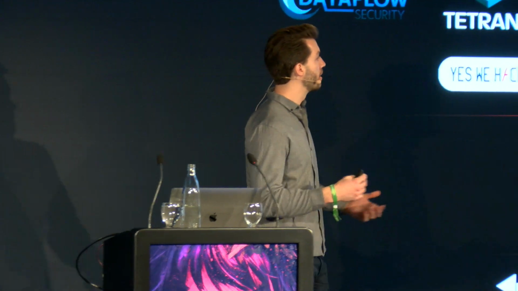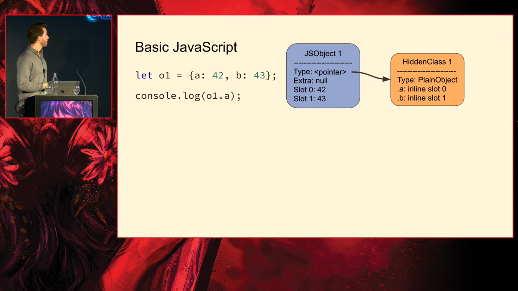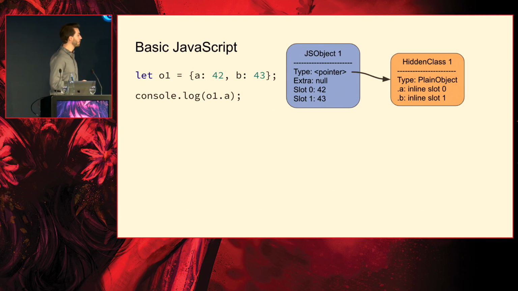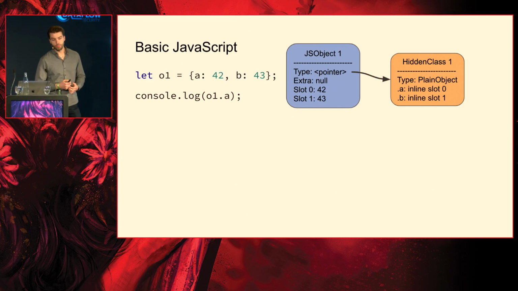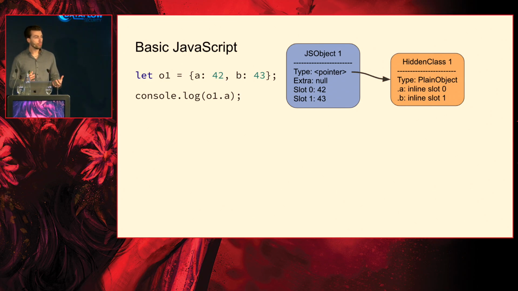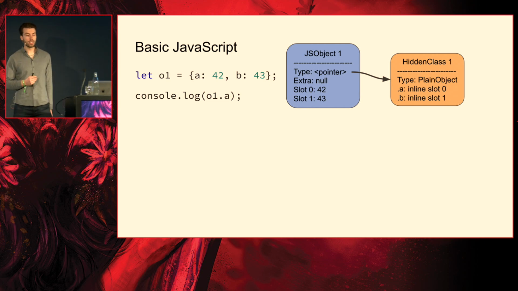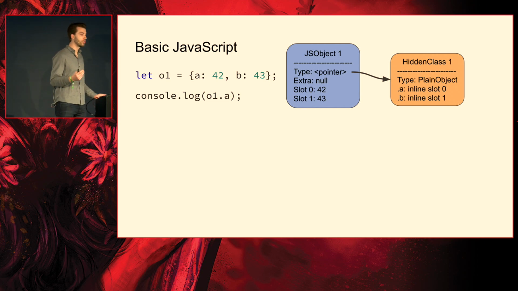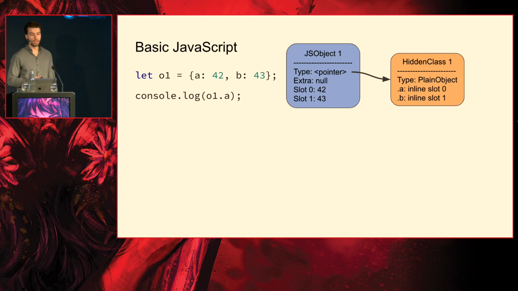Again, this is kind of a high-level concept. This is roughly how all the major engines do it these days. And so, a similar code snippet, right? You're creating an object with two properties, and so what you end up with is the object in memory, which has a pointer to a type or a hidden class. I think it's called hidden class just because it's similar to a class in C++ or Java, except it's hidden to the programmer.